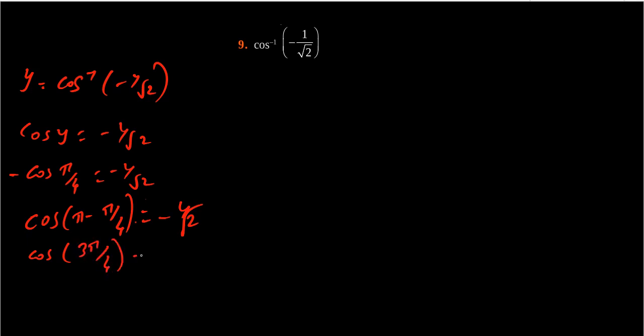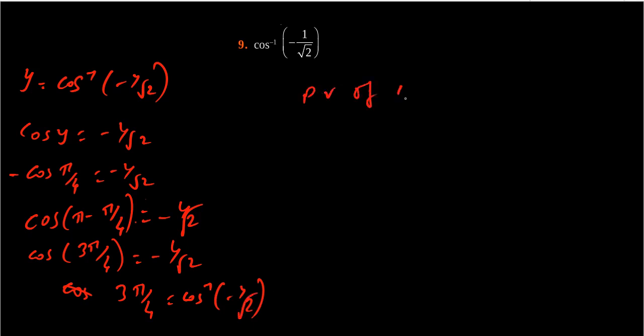Cos 3 pi by 4 is minus 1 by root 2. If you bring cos to the right hand side, 3 pi by 4 equals cos inverse of minus 1 by root 2. So the principal value of cos inverse of minus 1 by root 2 is 3 pi by 4.